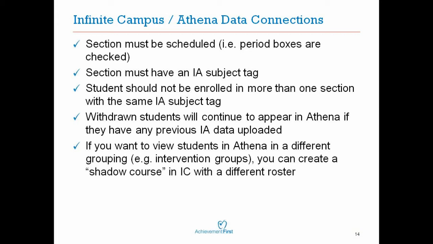So if your school leadership team wants to pull out a certain group and have them just appear in their own report in Athena, what we can do is create some shadow courses in Infinite Campus that will allow us to do that. The shadow course just means it's not a real course going on in your school, but we have to create a fake course in Infinite Campus in order to change the grouping in Athena. So if your school does want to do that, reach out to me and I can explain the process to you.